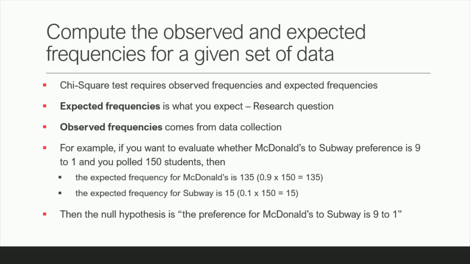For example, if you want to evaluate whether McDonald's to Subway preference is 9-1 and you polled 150 students, then by proportion, the expected frequency for McDonald's is 135 and the expected frequency for Subway is 15. It is all right if the expected frequencies are not whole numbers, not integers but with decimals. Then the null hypothesis is the preference for McDonald's to Subway is 9-1, while the alternate hypothesis is the preference for McDonald's to Subway is not 9-1.